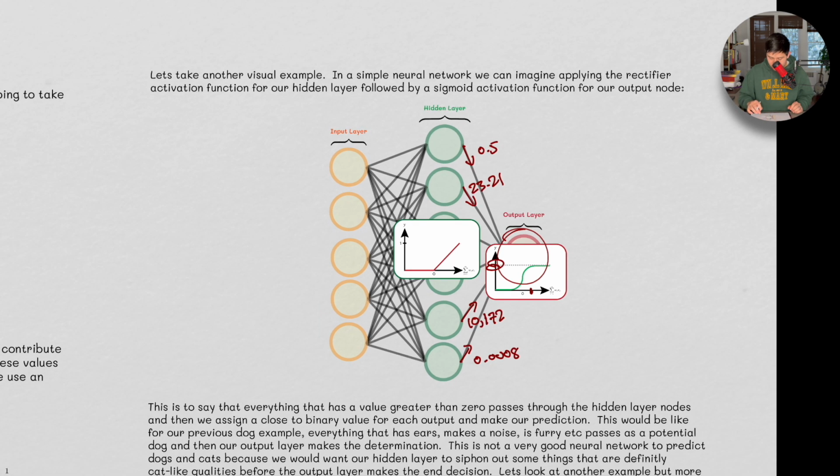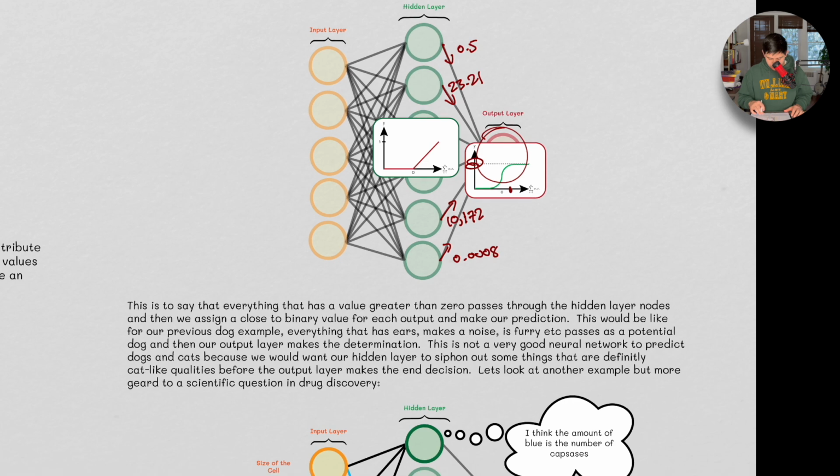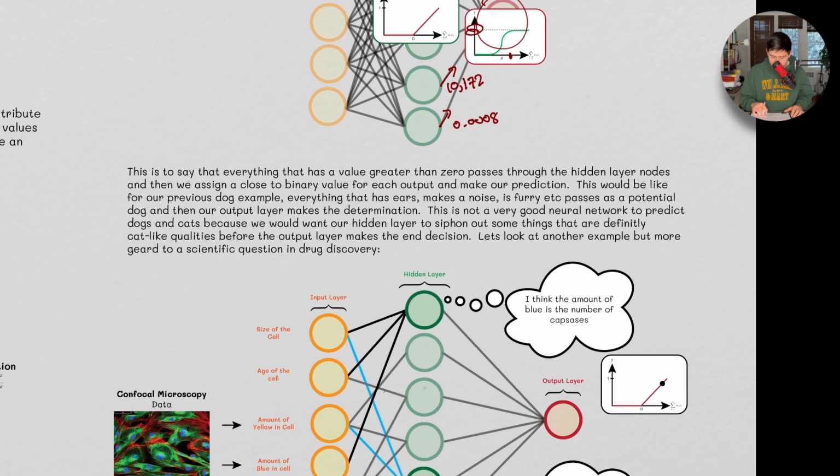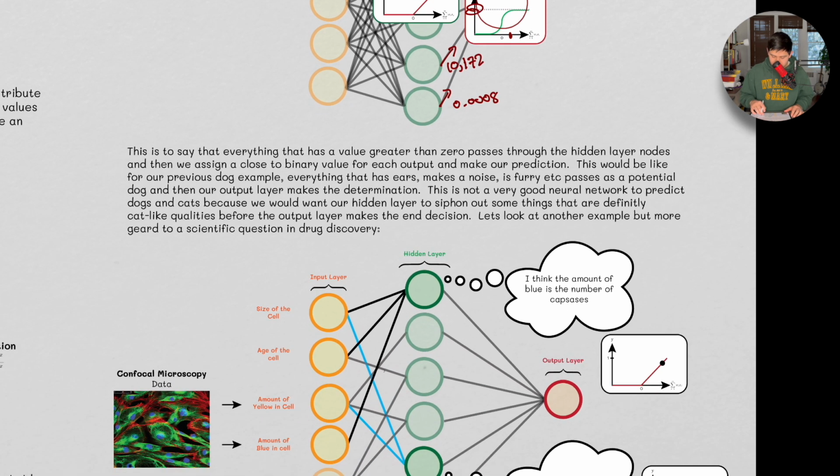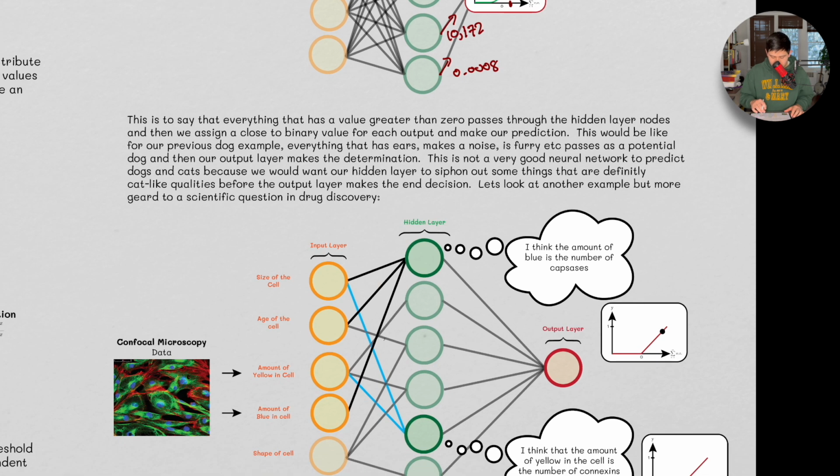So that's just one example. This is to say that everything that has a value greater than 0 passes through the hidden layer nodes, and then we assign a close to binary value for each output and make that our prediction.